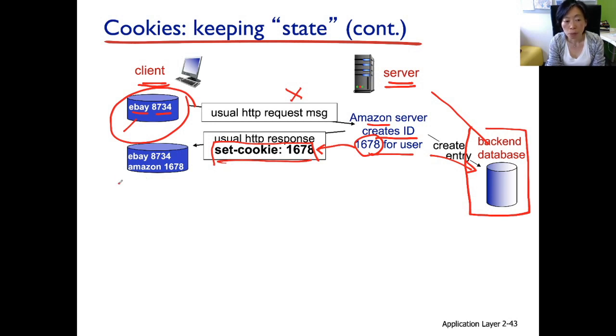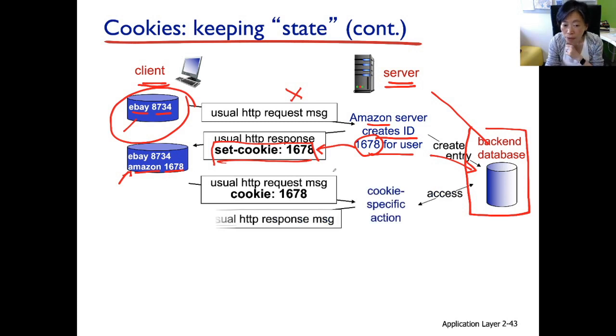So the web browser here sets up one extra entry saying, for Amazon, the website, use ID 1678. For the subsequent visits, subsequent browsing, all the HTTP request messages are going to carry the cookie header line saying I am user 1678.